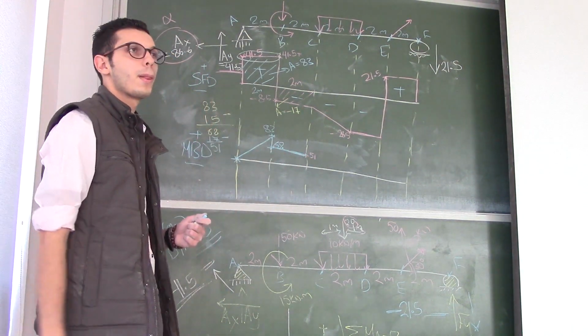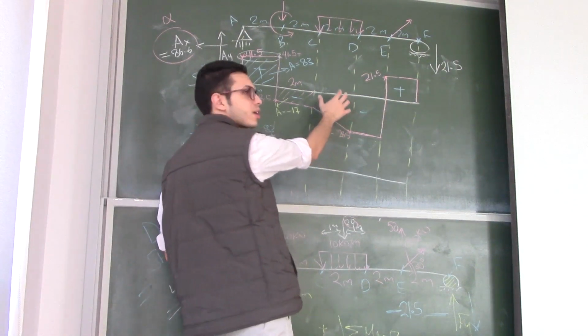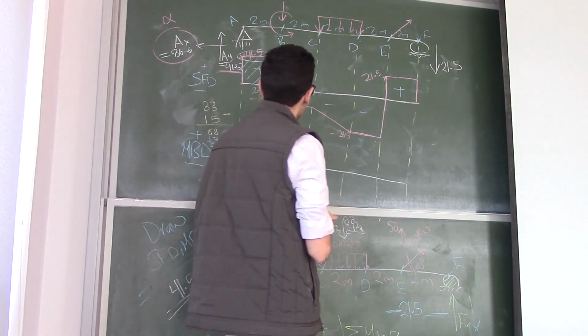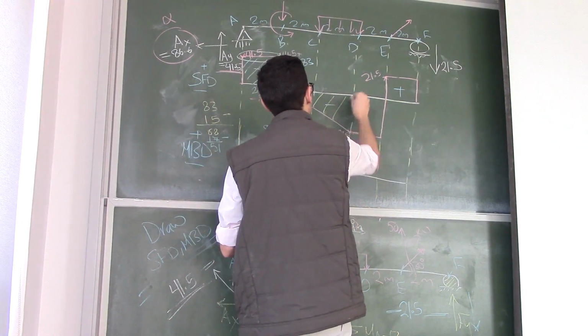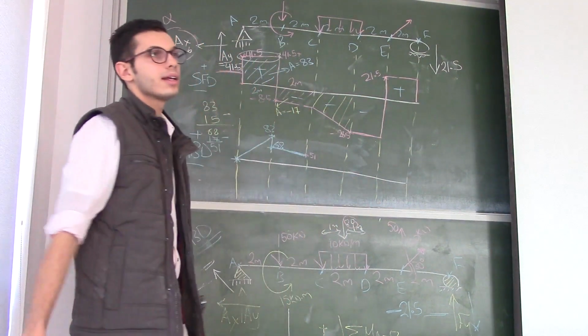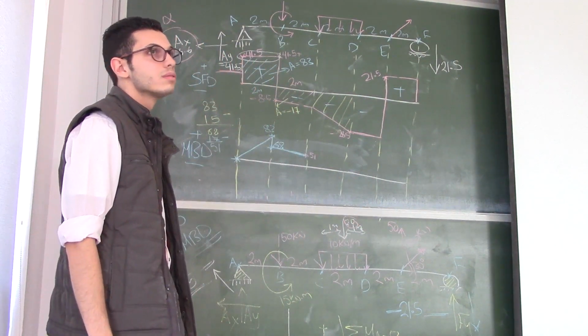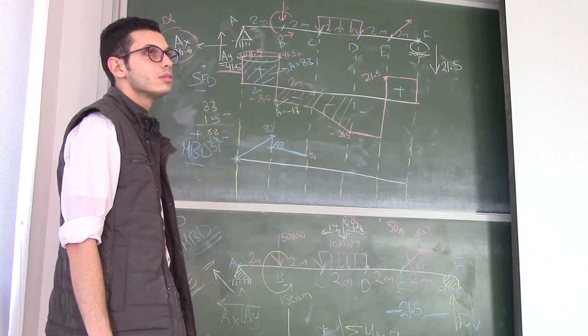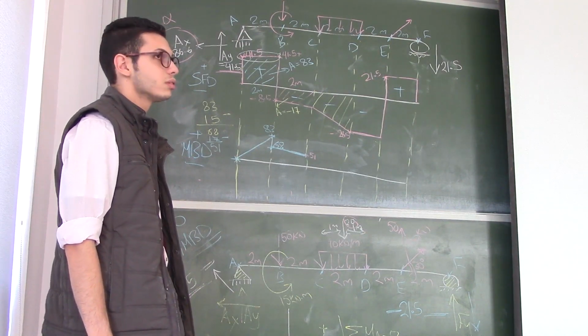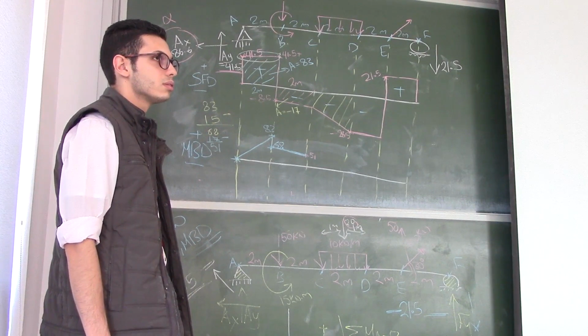Okay, after that, we have on this region this area. So let's calculate the area here. What is the area? It's a trapezium. 8.5 plus 28.5 over 2 multiplied by 2.